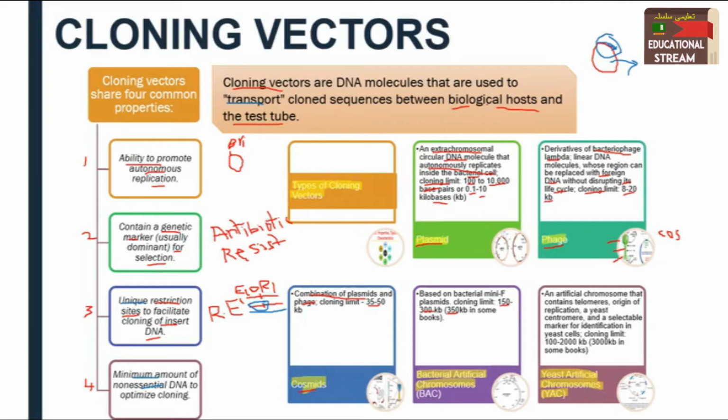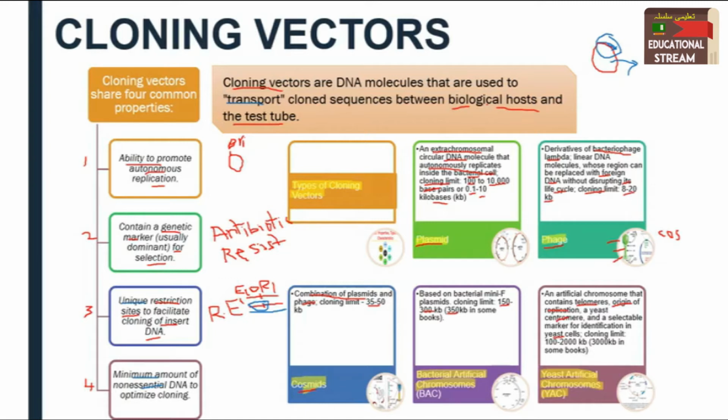Yeast artificial chromosomes are artificial chromosomes that contain sequences similar to those of eukaryotic chromosomes. They contain the telomere sequences, the origin of replication, a centromere region, and a selectable marker which can be used for identification of yeast cells.